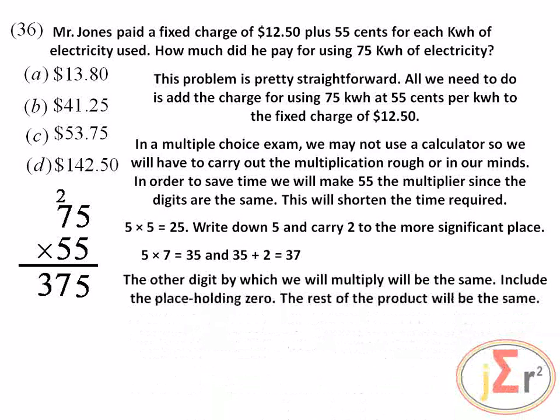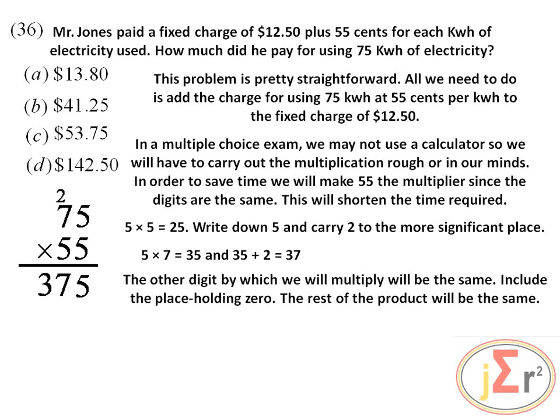The other digit by which we will multiply will be the same. So we will multiply by 5 again. Therefore, we do not need to go through the process. We include the placeholder 0, and after including the placeholder 0, the rest of the product will be the same. So we are saving time by using 55 as the multiplier, because we multiplied by 5 already and got 375.